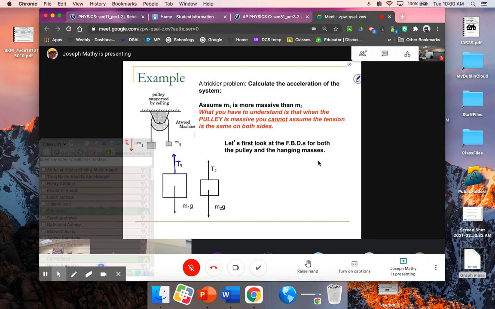T1 and T2, they're the exact same tension. So these have to be the same size. Now, the one thing that I don't see up here that I don't like is that this should be longer than this. So make this one smaller. Make M2 smaller. That's the first thing we got to do proactively to solve this thing.